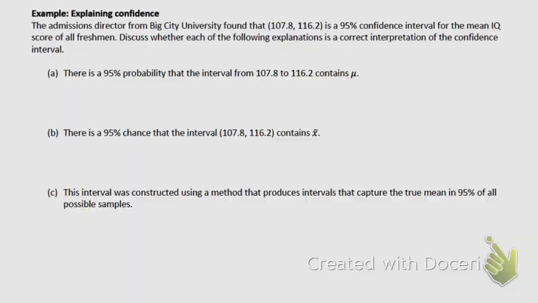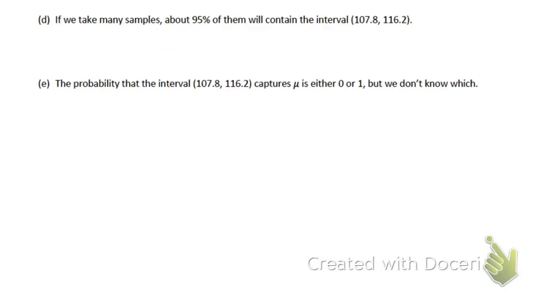All right, let's look at D. If we take many samples, about 95% of them will contain the interval of 107.8 to 116.2. True? False. This is false. Why is this false, though?